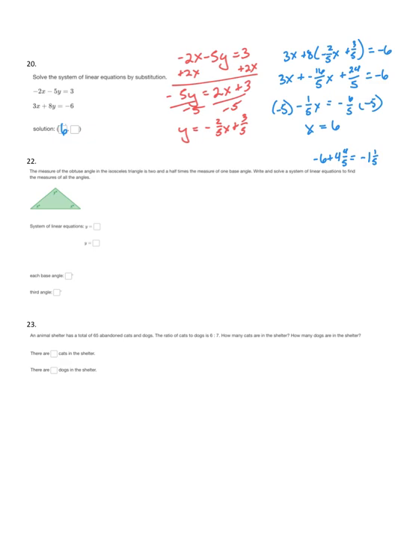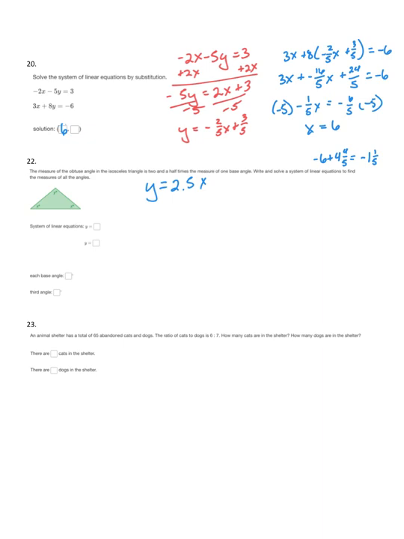All right, problem 22. We have the measure of the obtuse angle in the isosceles triangle is 2.5 times the measure of one base angle. So we see the base angle is x and the obtuse angle is y. So y is going to be equal to 2.5 times x. That's one of your equations.